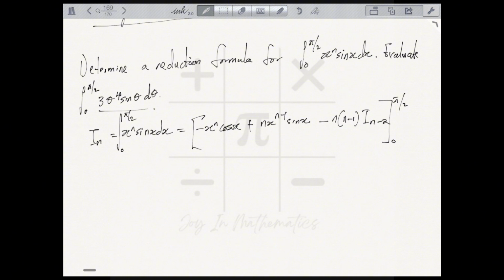Wherever we see x, we apply the upper limit first. That's minus pi over 2 raised to power n cos pi over 2 plus n into pi over 2 raised to power n minus 1 and sine pi over 2, minus n into n minus 1 I n minus 2.